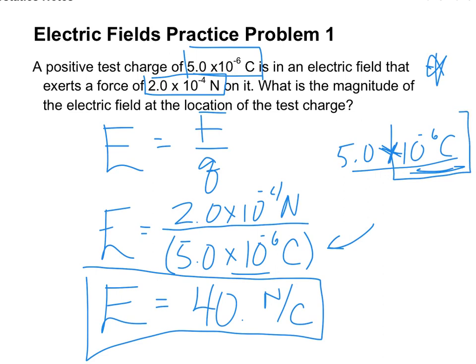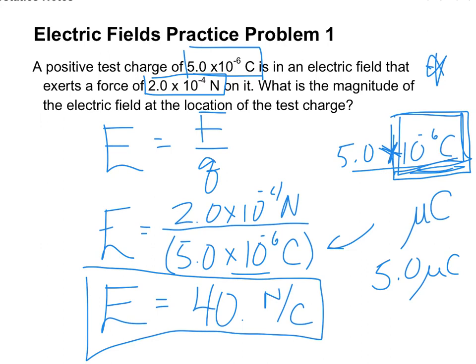But I want to just focus in on 10 to the negative 6 because we're commonly going to see this written in terms of a unit conversion using our powers of 10. So 10 to the negative 6 could also be written as micro coulombs. So another way of writing 5 times 10 to the negative 6 coulombs would be 5 microcoulombs.